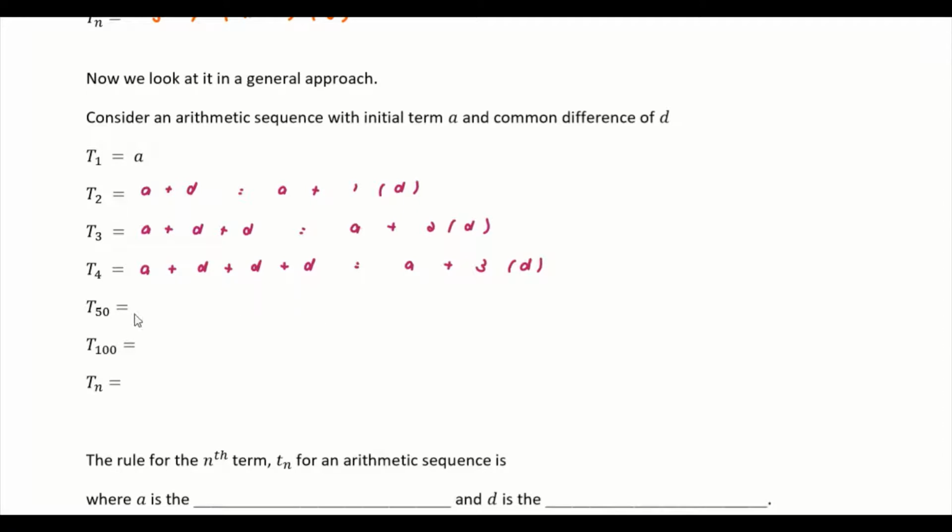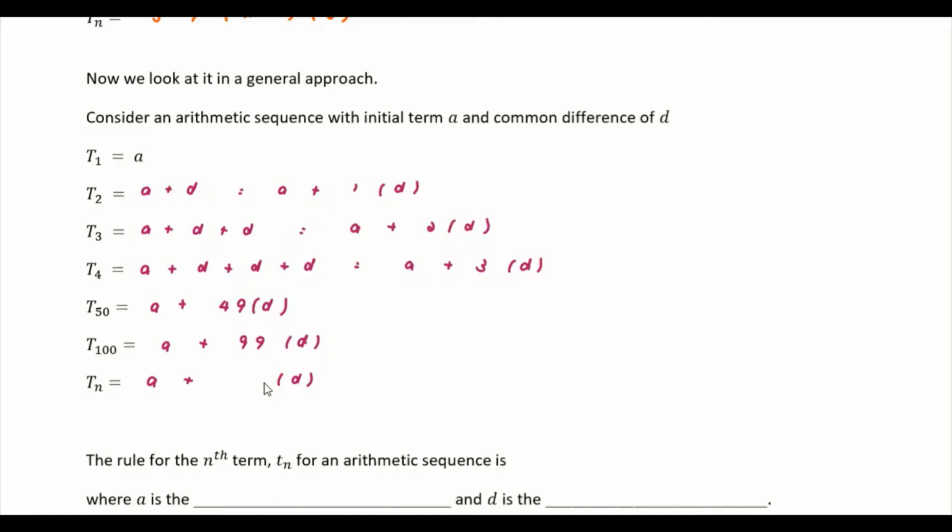Okay, so now if I wish to find out the 50th term, I will use a plus how many times of d? It should be 49 times of d, right? If it's the 100th term, then it will be a plus 99 times of d. So if we try to write this in a general term representing the nth term, we use the initial term plus a certain number of times of d.